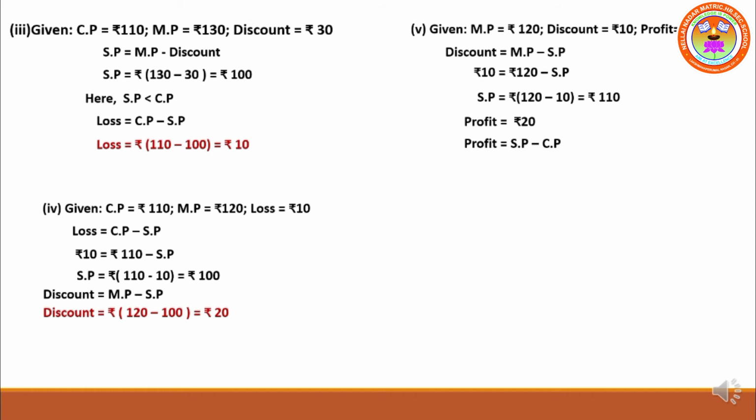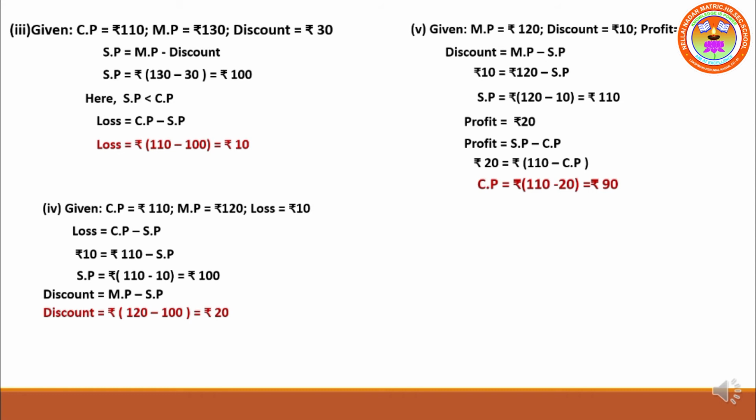Profit is equal to SP minus CP. Now I can substitute the values of profit and SP here. On substituting, what will I get? 20 rupees as profit is equal to SP, which is 110, minus CP. Now I subtract 110 minus 20, which is equal to 90 rupees, the value for CP.